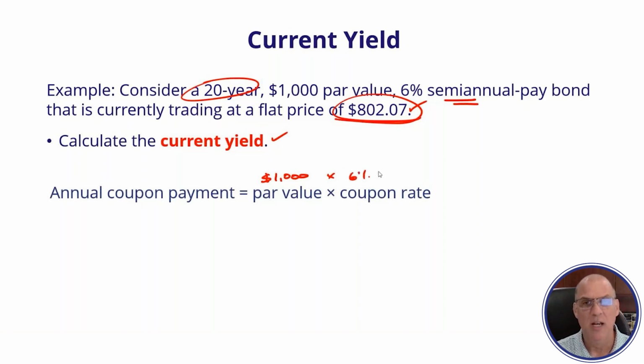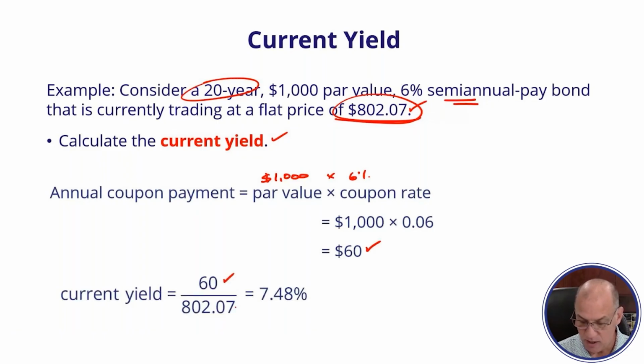It's 6%, that's the annual rate, but it pays semi-annually. So our annual coupon payment is going to be $60, and then straightforward math, really easy on your calculator: 60 divided by our 802.07 gets us a current yield of 7.48%.